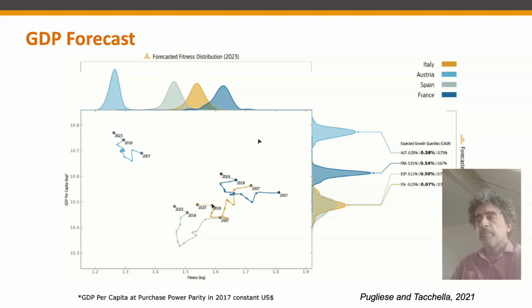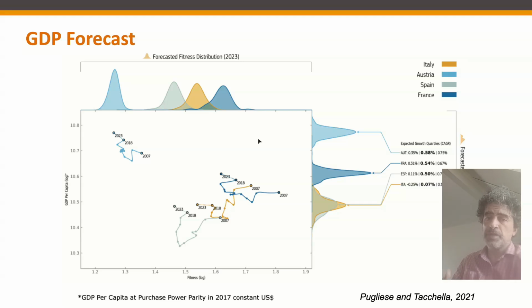But the nice thing is that we don't have to just say the average growth rate, but we can actually build an interval. We can say, okay, there is the expected growth in real term of GDP for Italy, for example, will be around 0%, but it can be between minus 0.25 and plus 0.31.